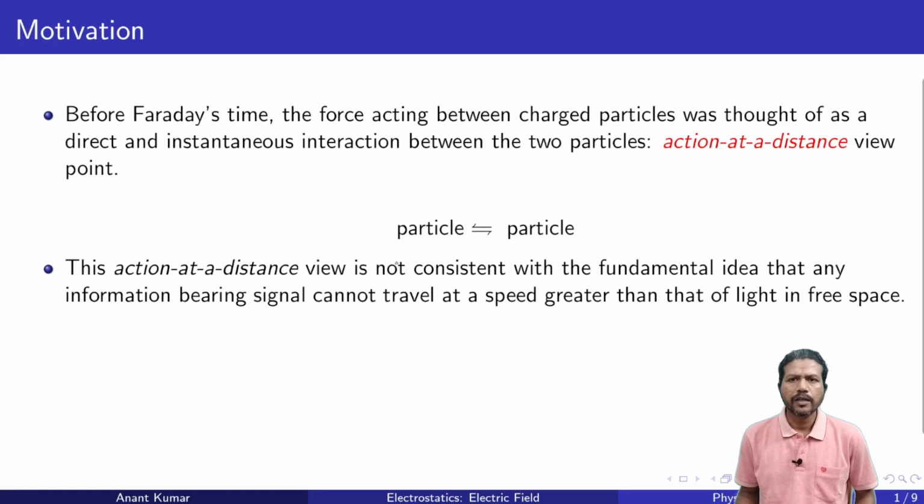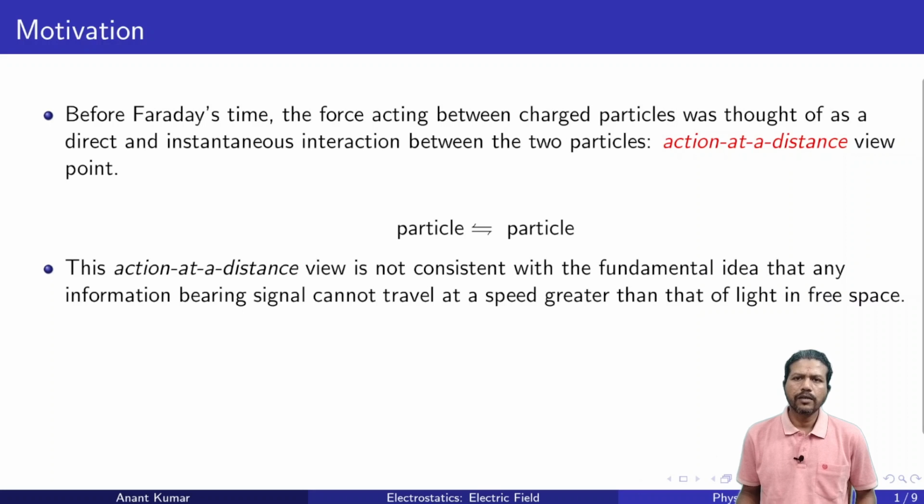That means there is no agent which can provide the necessary centripetal acceleration to the earth, and so the earth can't move along the circular path. However, the earth does not know that the sun has vanished till 8.2 minutes, and only then will it leave that circular path. This is a contradictory situation, a paradoxical situation actually.